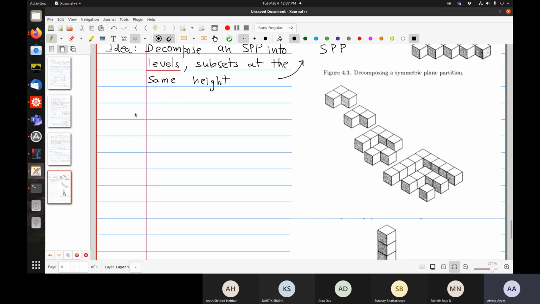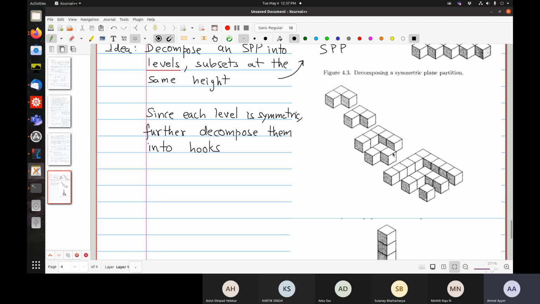So since each level is symmetric, further decompose them into hook shapes. If you remember what we proved for the hook length formula, each of these is a hook.